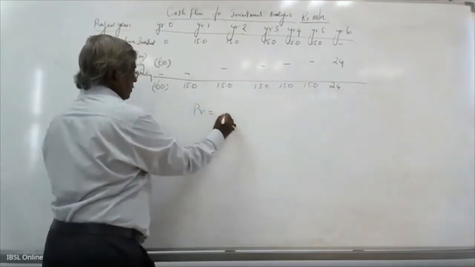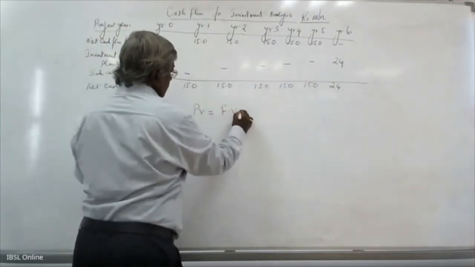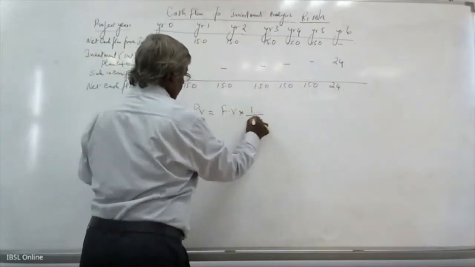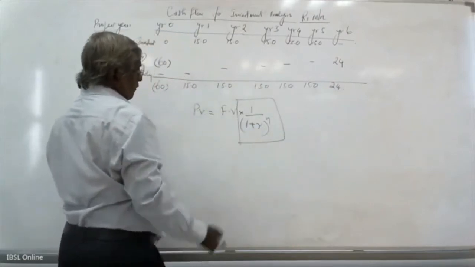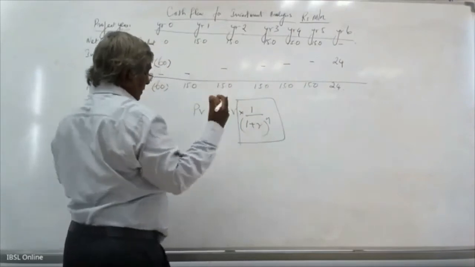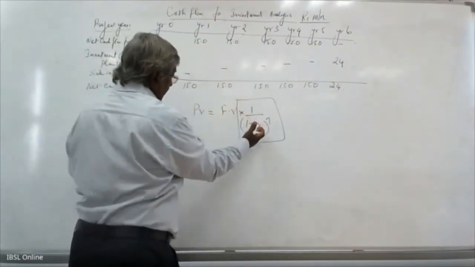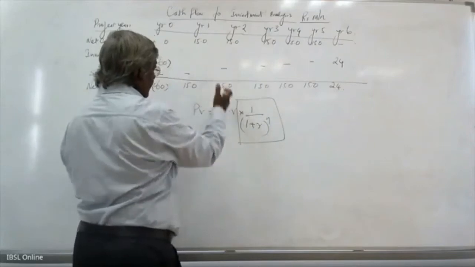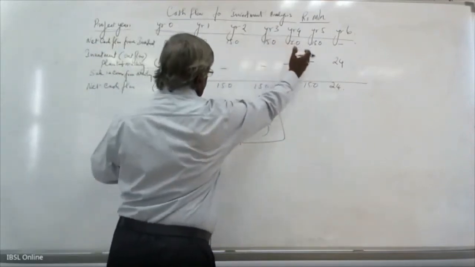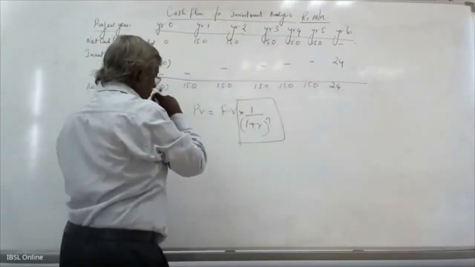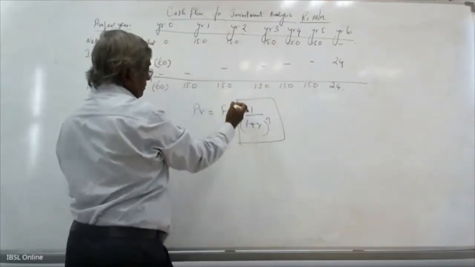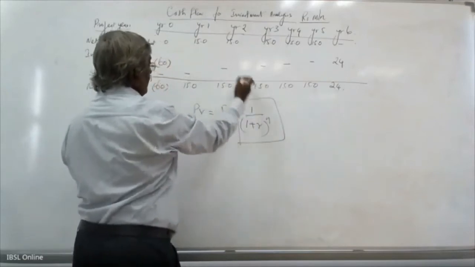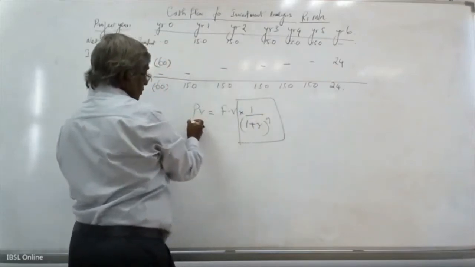Present value is equal to future value into 1 divided by (1 plus R) to the power N. This I have told you is the discounting factor. So if you find out the discounting factor, then multiply that particular future value by the relevant discounting factor, and you will get the present value.